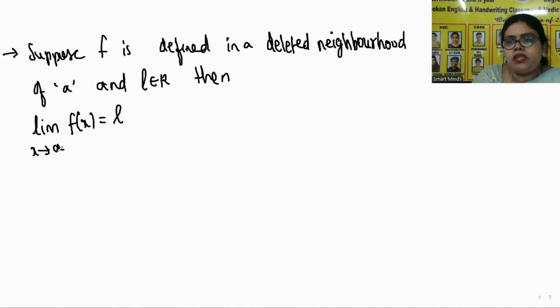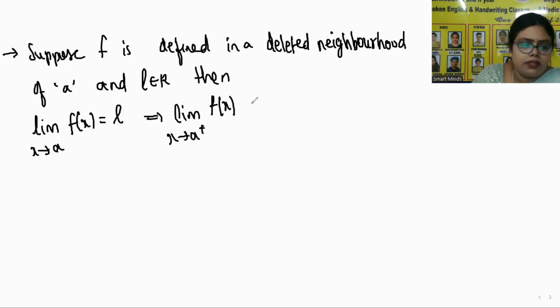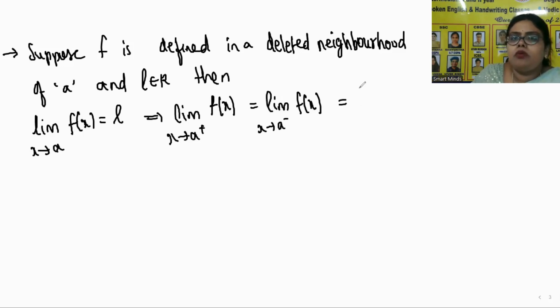If you are substituting some a in the place of x, you are getting a value that is L, which implies limit x tends to a plus f of x, the right hand limit, is equal to limit x tends to a minus f of x, that is the left hand limit. Both the limits are equal to L. This condition is satisfied only if f is defined in the deleted neighborhood of a.